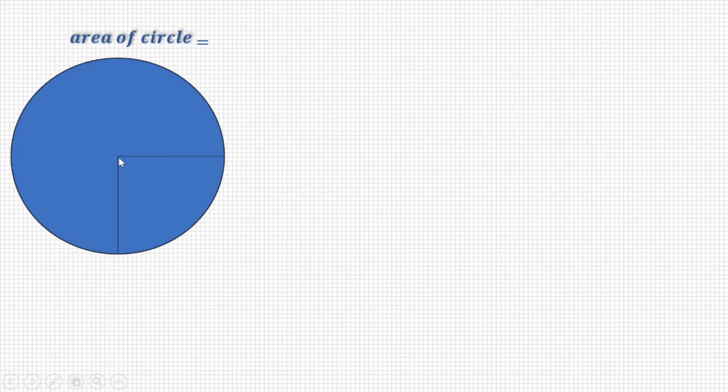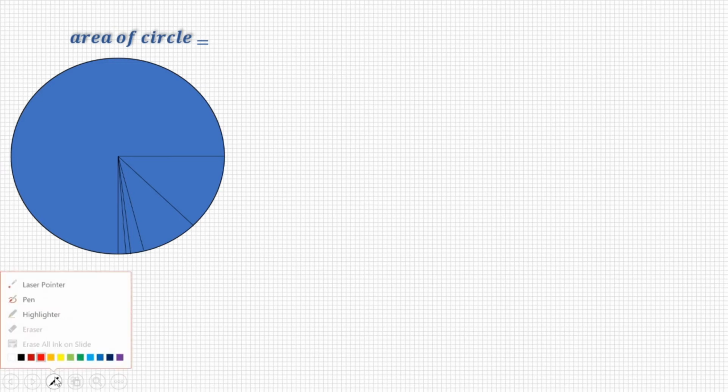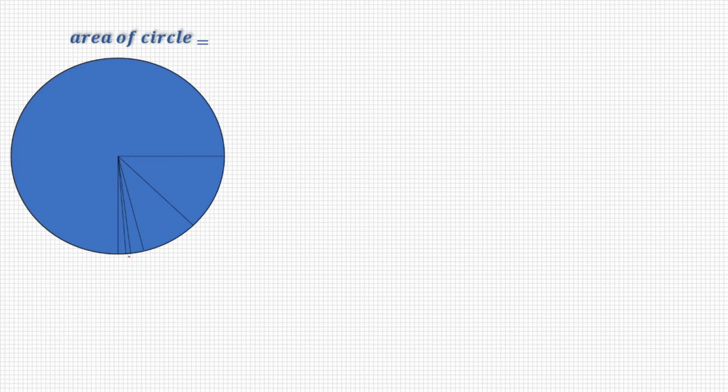So let us try to find a triangle inside it. Is this a triangle right now? No, it is still an arc, so this cannot be considered a triangle. But if we keep on dividing the circle into smaller pieces, just like this, then for a very small piece, this will not be an arc.